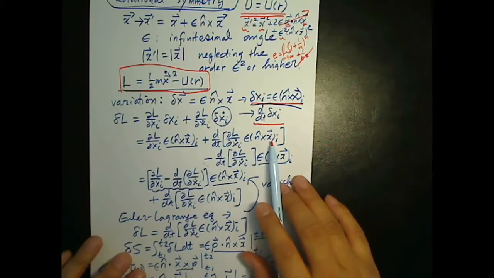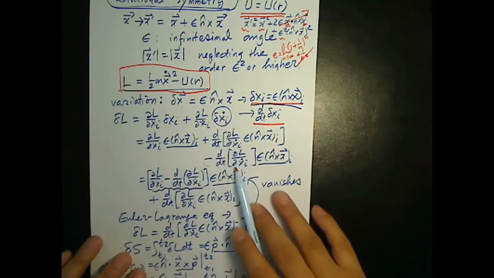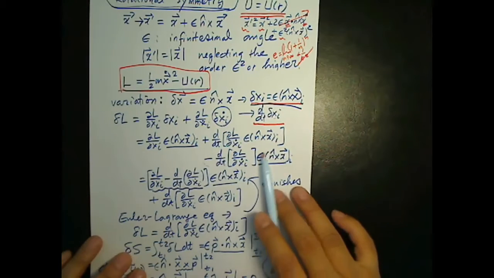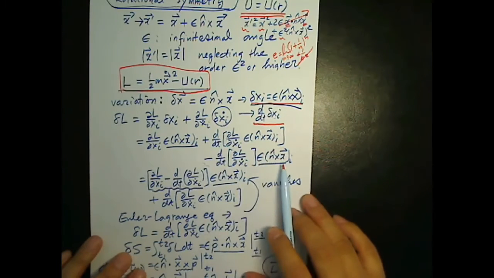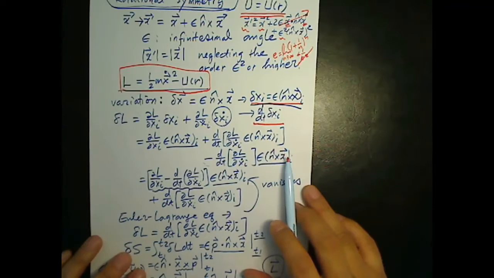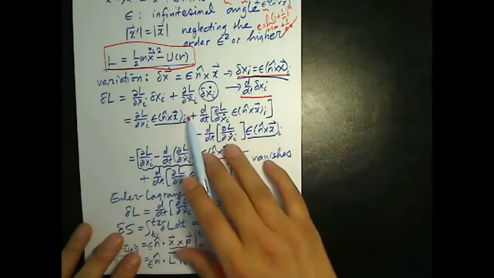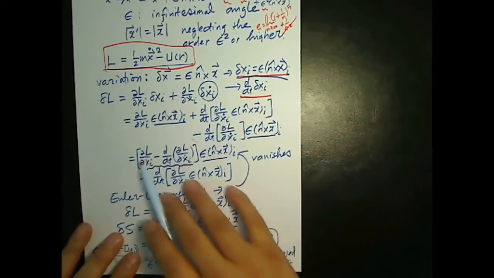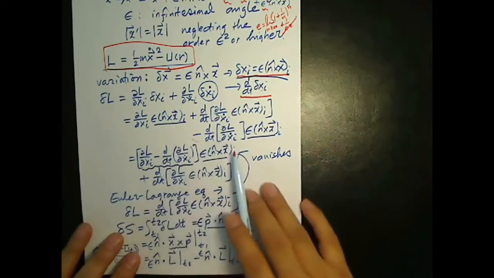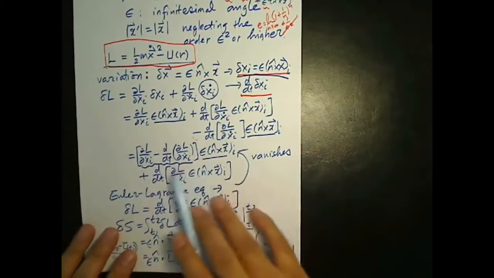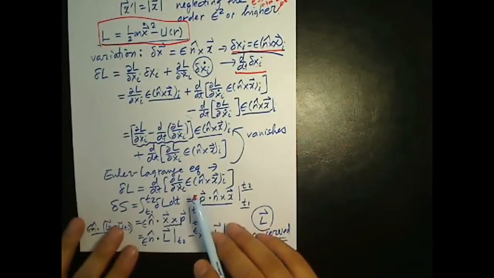The time derivative of the momentum should be subtracted, multiplied by the variation of the displacement. If I combine the variation pieces into a single term, this one has the factor of the Euler-Lagrange equation.